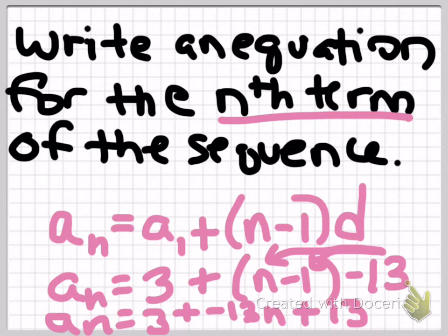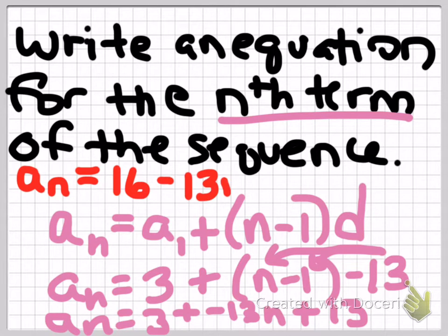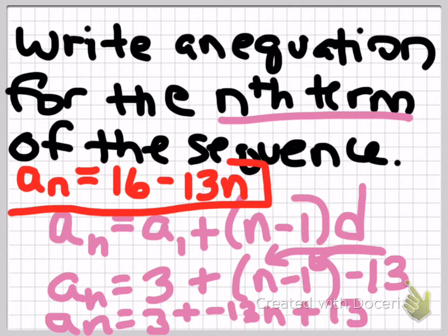And we can again simplify a little bit more because 3 and 13 are like terms, so we're going to add those left to right, 3 plus 13. So our final equation is going to be a sub n equals 3 plus 13 or 16. And then we can either say plus negative 13n or just minus 13n. And we can't combine those two because those are not like terms. So this would be my equation.